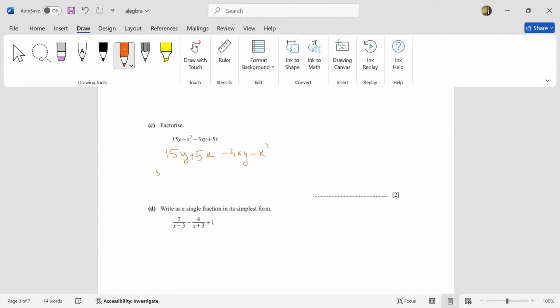Taking 5 common, plus x. I have arranged it, keeping the minus terms together and the ones without minus together. Okay, 5 minus x bracket 3y plus x gives us the answer. Okay, moving to the next one. Let's move on quickly.